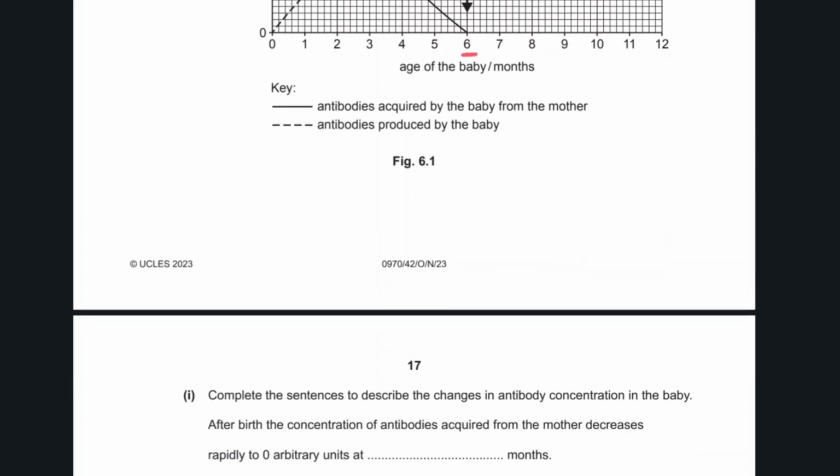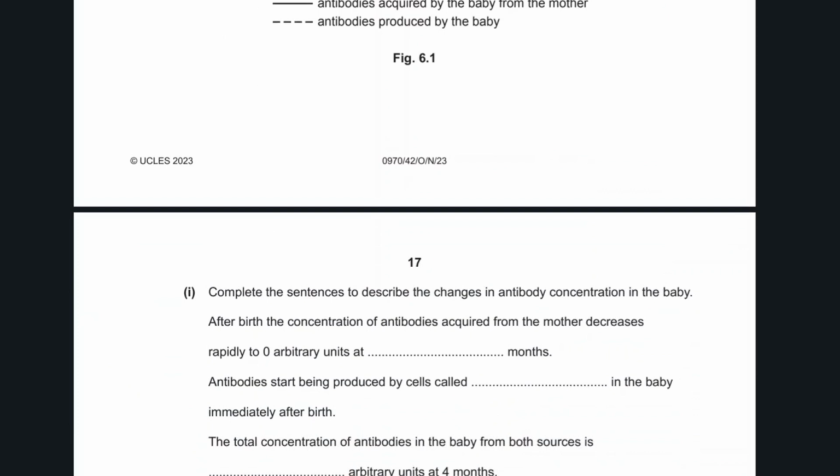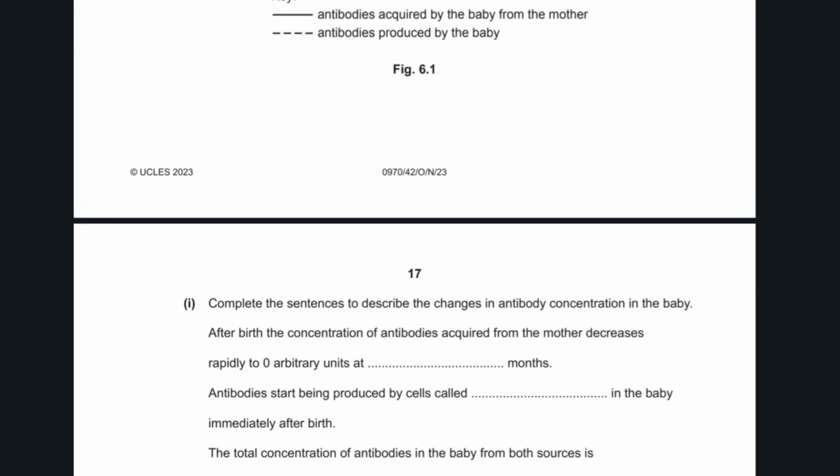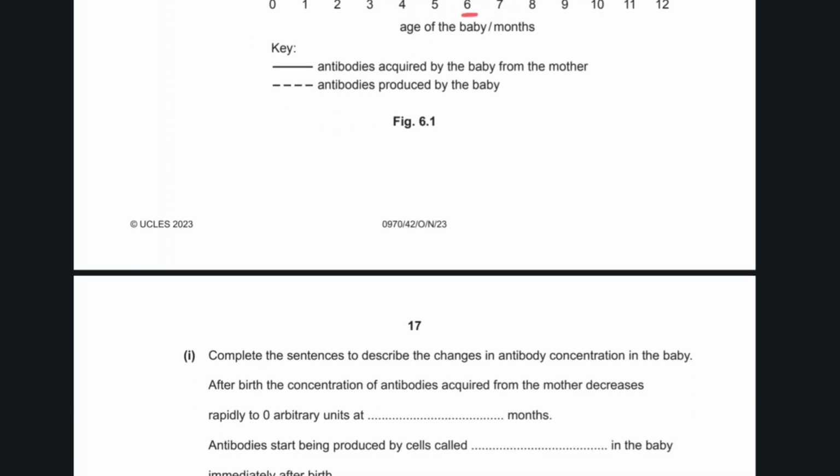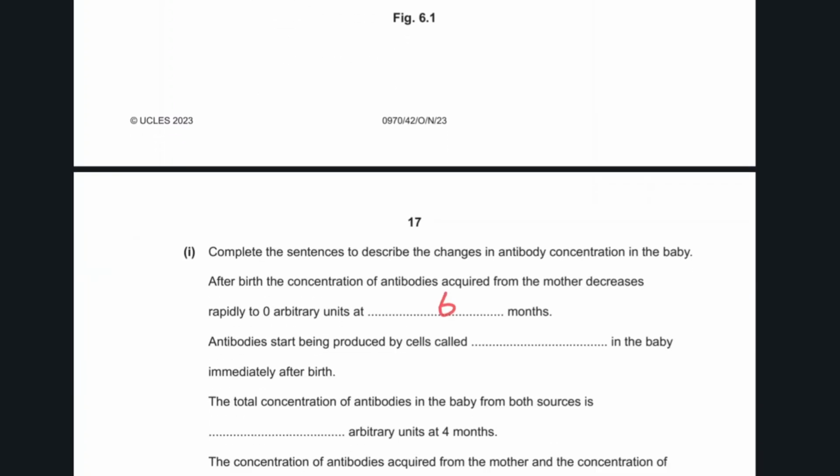After the birth, the concentration of antibodies acquired from the mother decreases rapidly to zero. So this one is the point where it rapidly decreased to zero.